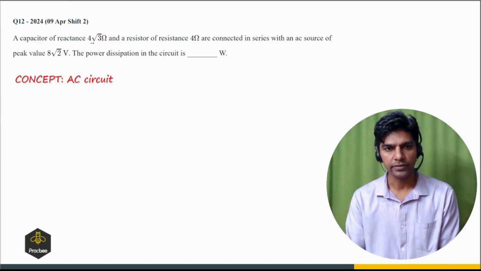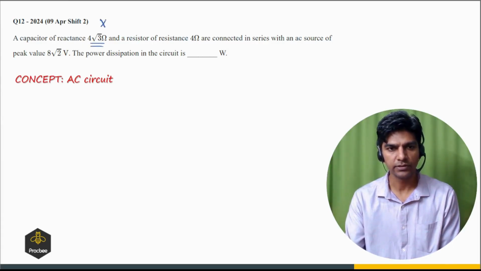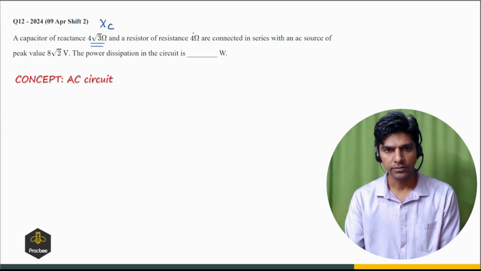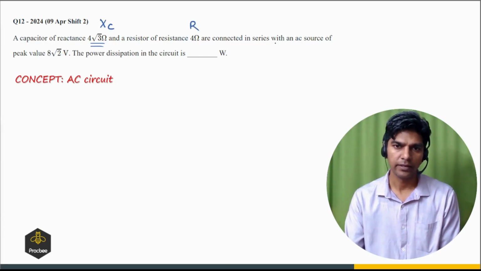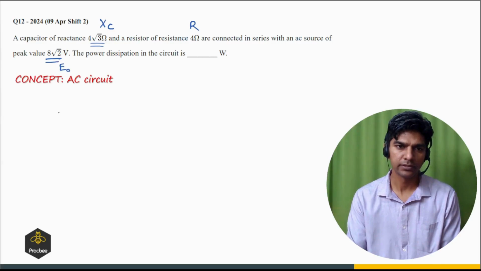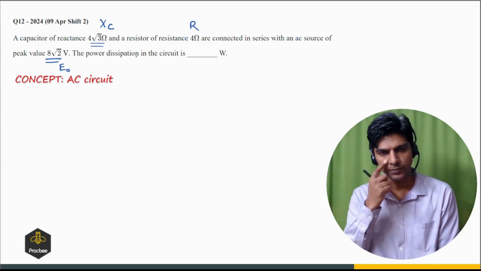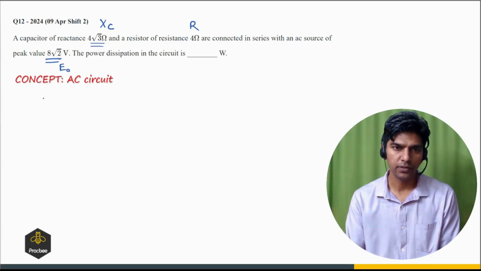A capacitor of reactance 4 root 3, so this is XC, and a resistance of 4 ohms are connected in series with an AC source of peak voltage 8 root 2. So that will be E naught, let us say. Find the power dissipation in the circuit. So we want to find the power dissipation, and XC, R, and E naught are given to us.